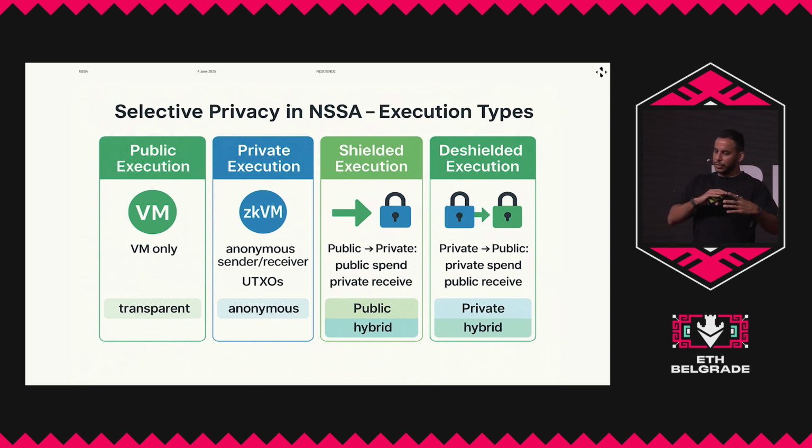In the deshielded execution, Bob has a private note of these tokens that he originally maybe received from Alice, and now he needs to deshield them. So he needs to move these tokens from his private account to his public account. The transaction will provide a proof that this token is valid and is worth this value.